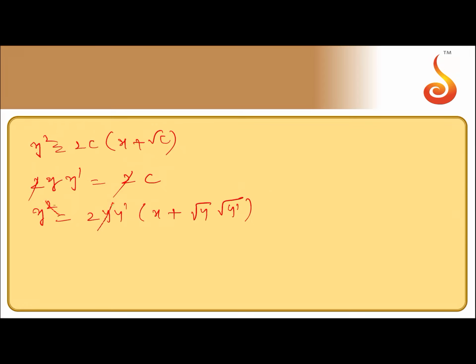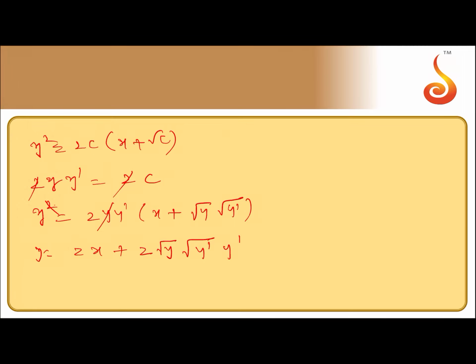By eliminating this one, you are going to have y multiplied by this one. So you will be getting y is equal to 2x plus 2 multiplied by root y into root y dash.